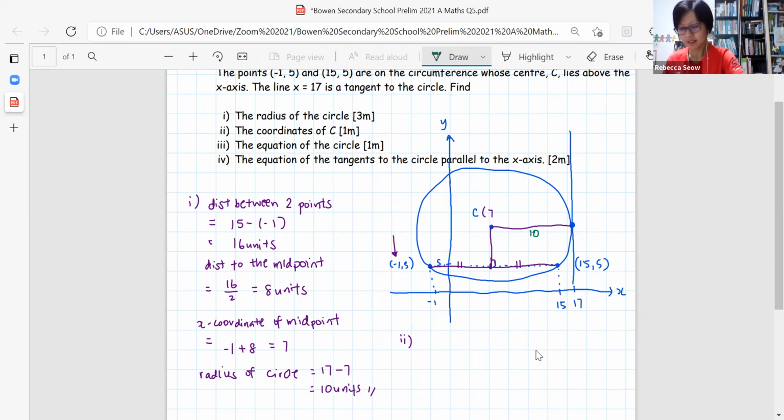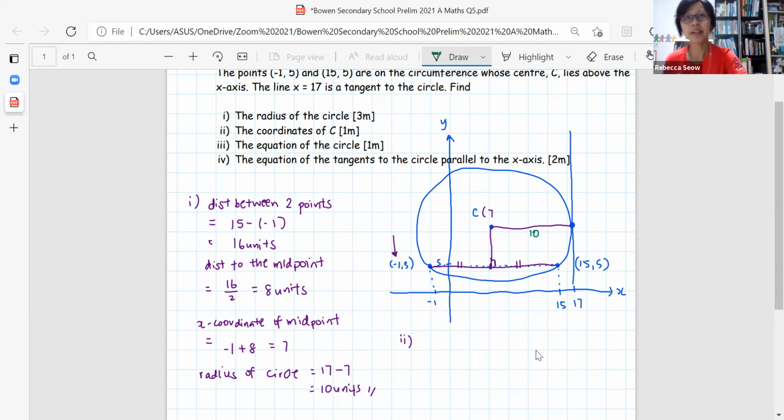The distance between C and the midpoint of the 2 points is the square root of 10 squared minus 8 squared.